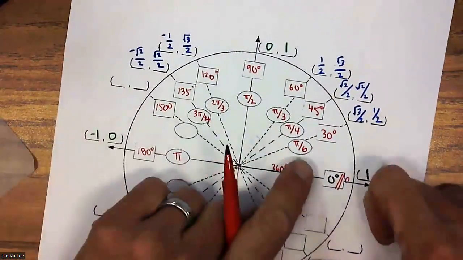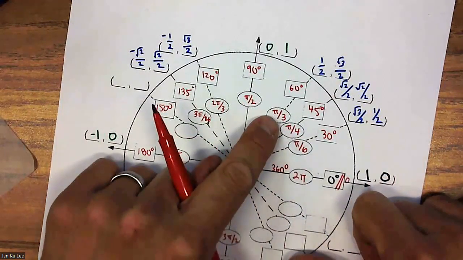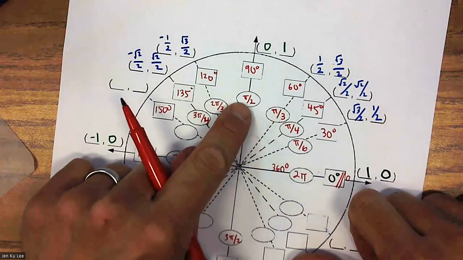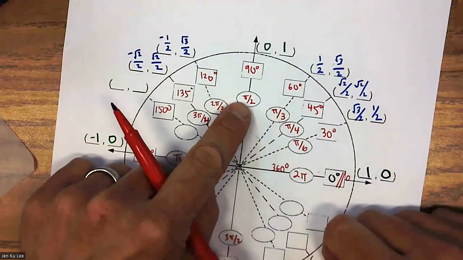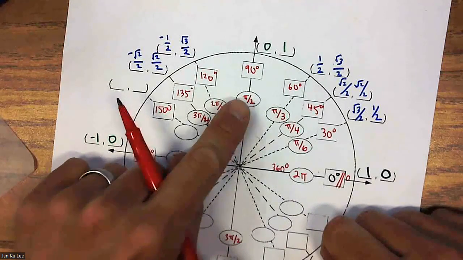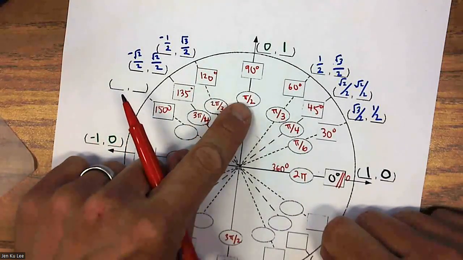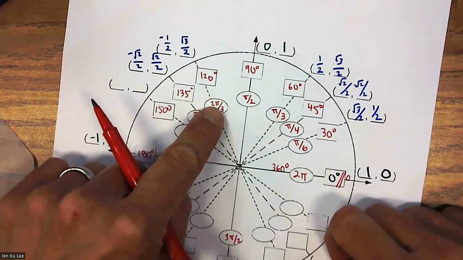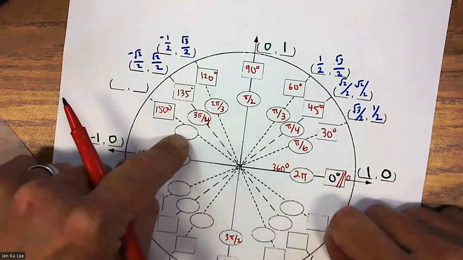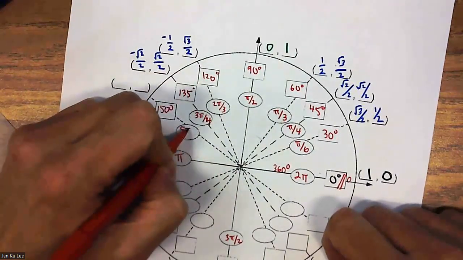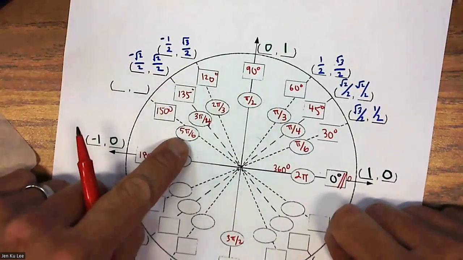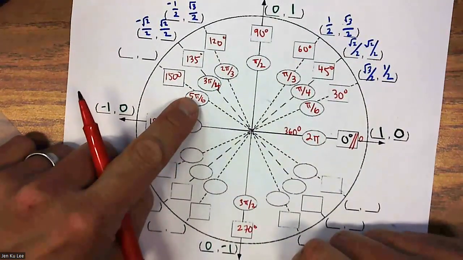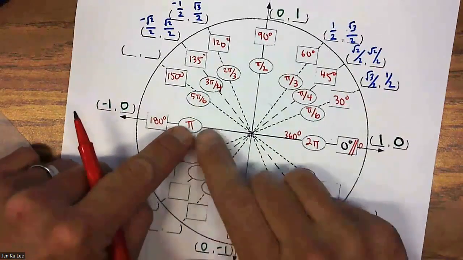And look at this. This is pi over 6. This is 2 pi over 6, which is pi over 3, right? 3 pi over 6, which if you simplify it down, would be pi over 2. 4 pi over 6, same thing, simplify it down. And then 5 pi over 6. Carrying the momentum around the circle, 5 pi over 6, 6 pi over 6.